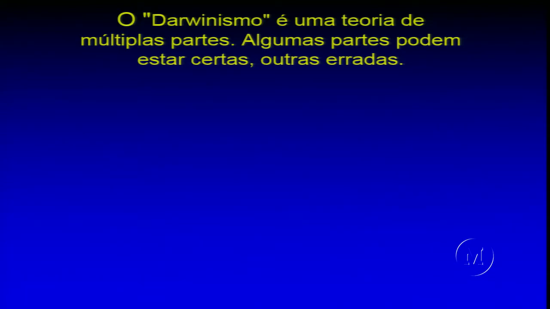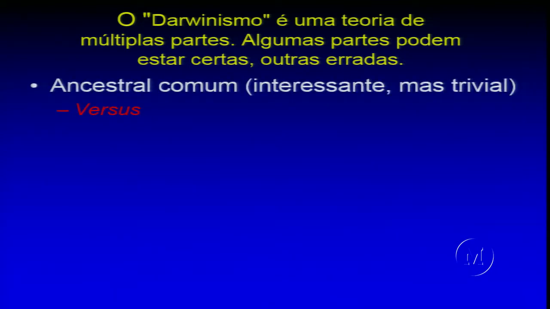But some parts of it might be right, and others might be wrong. And one of the major concepts of Darwin's theory is the idea of common descent, that organisms alive today are descended from organisms that were alive in the past.